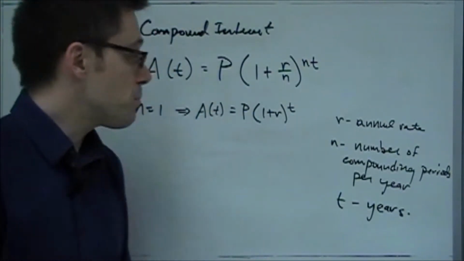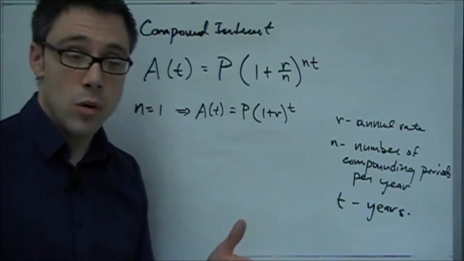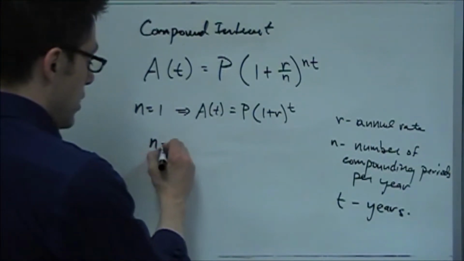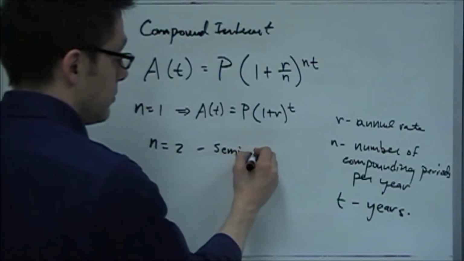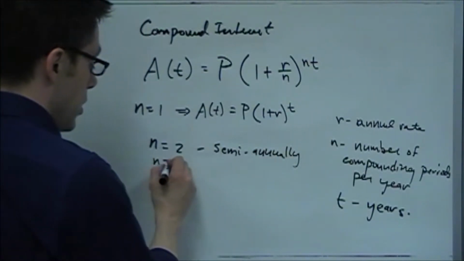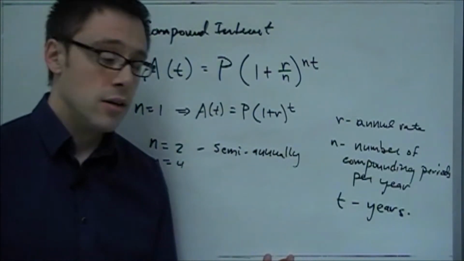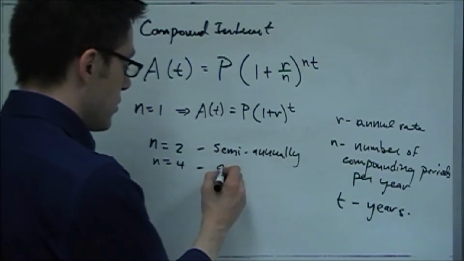Some common numbers for n that you see quite often: sometimes n is equal to 2, in which case we say it's compounded semi-annually. If n is 4, this is done a lot. Sometimes companies have quarterly reports, and so this is quarterly.